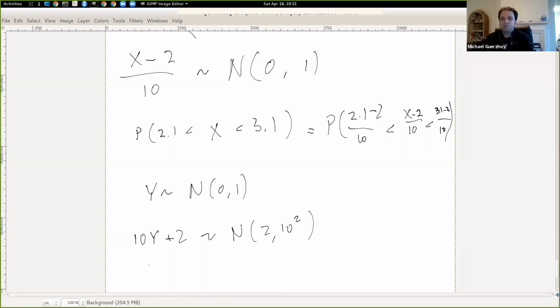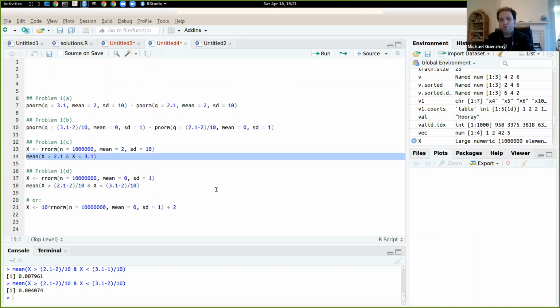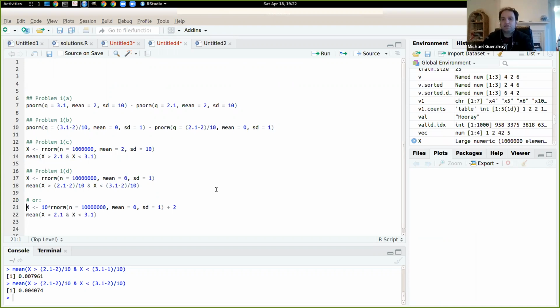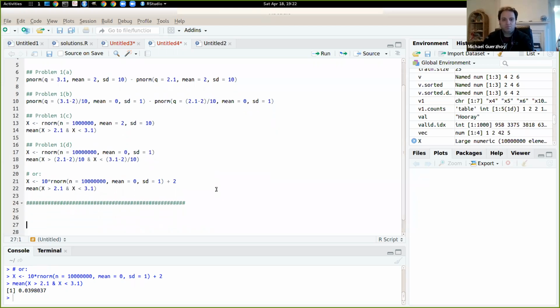So that means that we could have done, so x is like this, but here we will transform it. So we'll do times 10 plus 2. And once we have that, we can just see whether x is between 2.1 and 3.1. That's going to give us the same result. Okay, so that is problem 1.